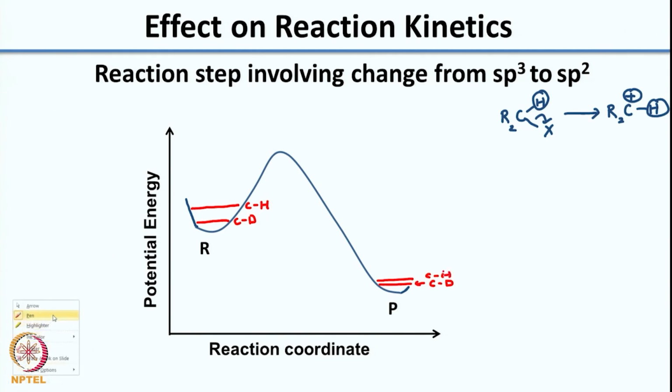I will just extend this a little. So, now your transition state would be somewhere in between. So, when you draw your transition state, so we are looking at the vibrational energy levels here. So, this is what your transition state will look like.